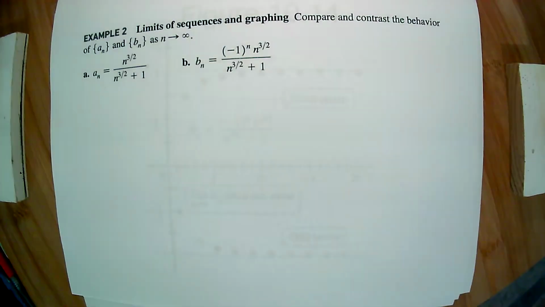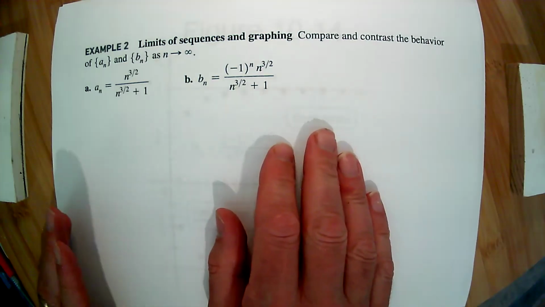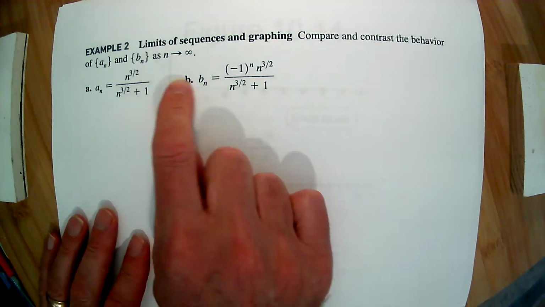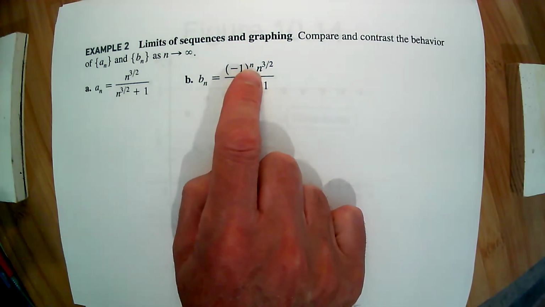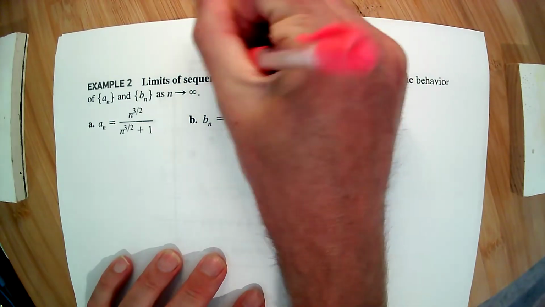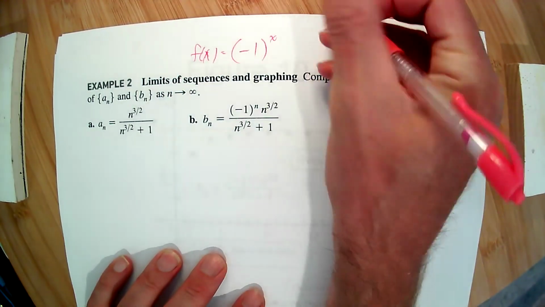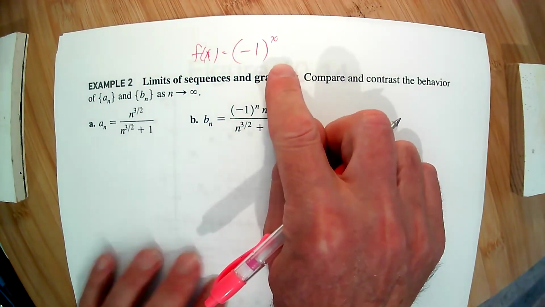Now, again, sequences are a little bit different than the calculus functions that we've seen so far. In particular, one of the things is this -1 to the nth power. We never saw -1 to the x, by the way. You never saw f of x equals -1 to the x. Why? Well, because the domain of this function is awful.